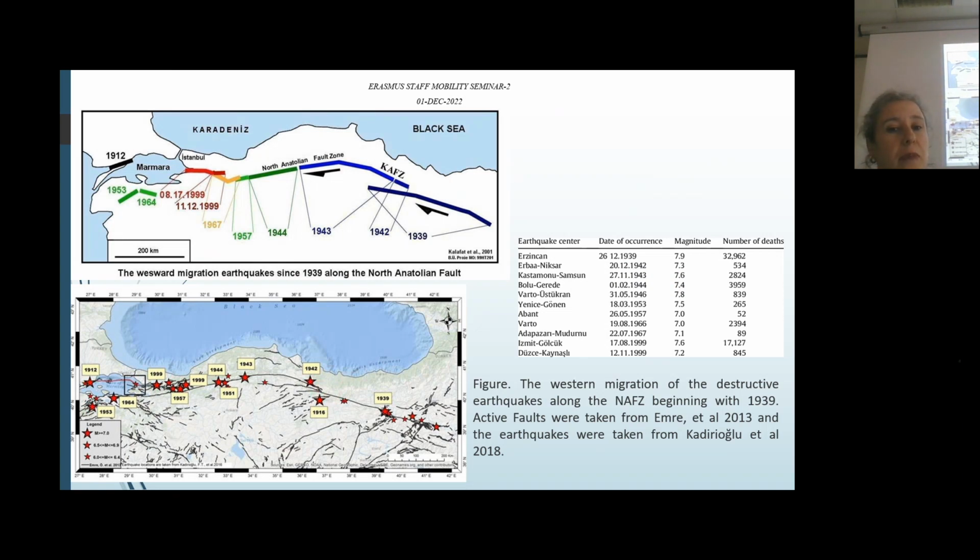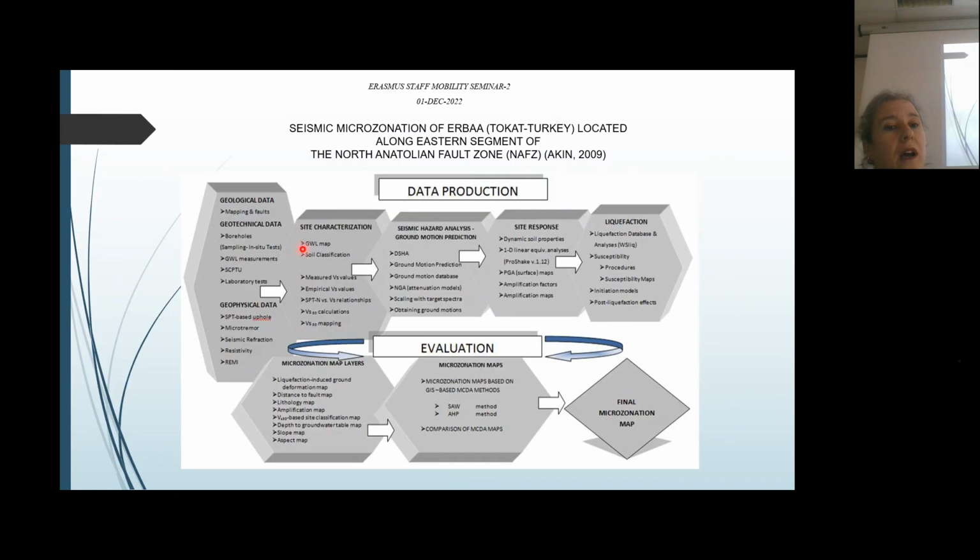During my microzonation study, I worked with geotechnical data and additional data. Afterwards we had some seismic hazard analysis and site response analysis, and then we prepared maps based on amplification, liquefaction, and additional maps, some of which I'm going to show.